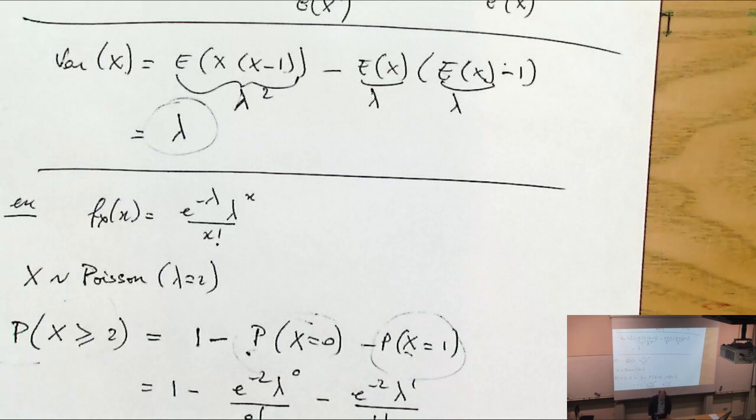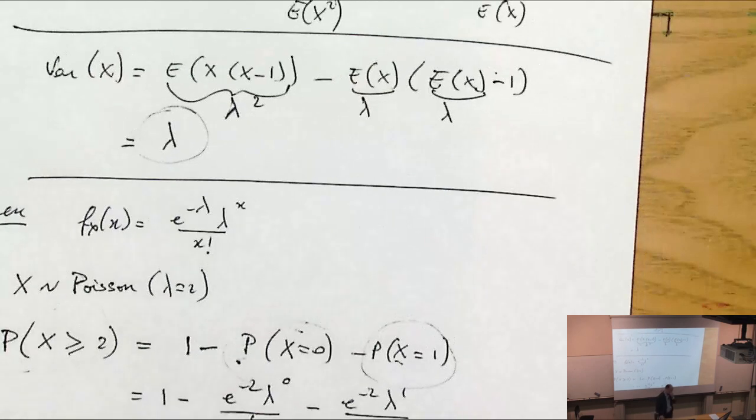Good. So with this, I think what we have done is to look at the most common distributions for discrete random variables, right? And what we're going to do now is move on to continuous random variables. So what's the difference between those two?